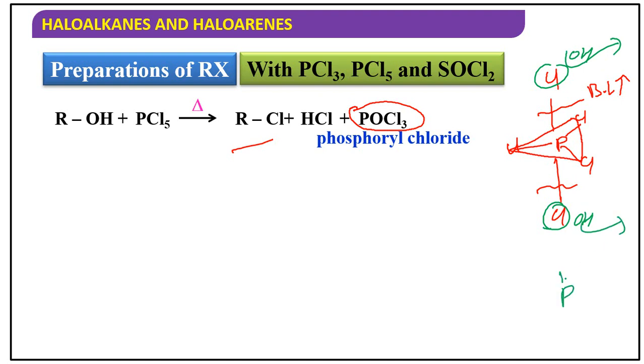So finally POCl3 is forming, H2O, and the byproduct is here. Two chlorines, one chlorine is going here and one more chlorine is forming as HCl.